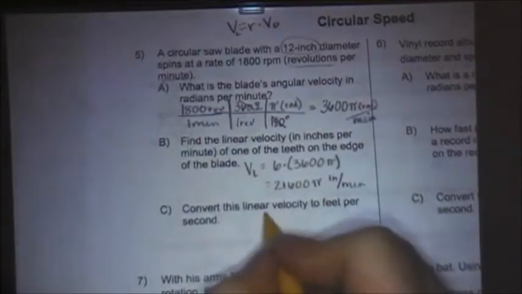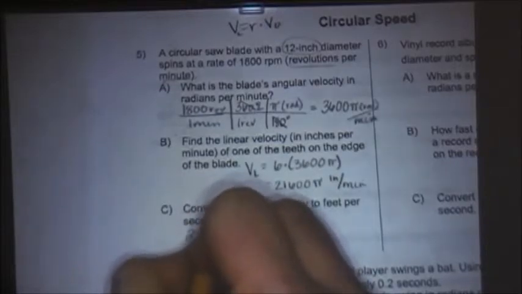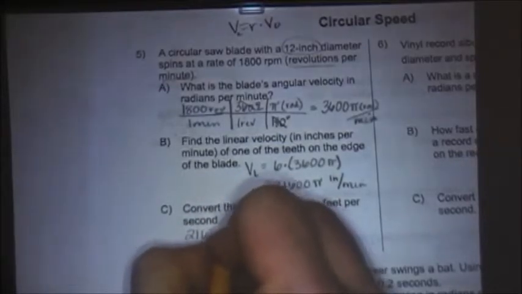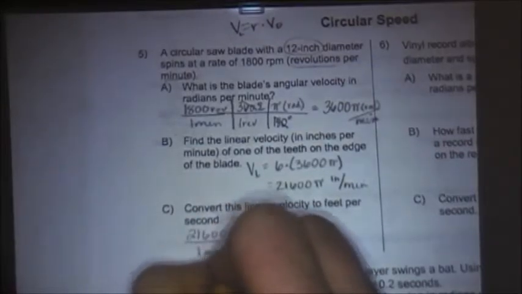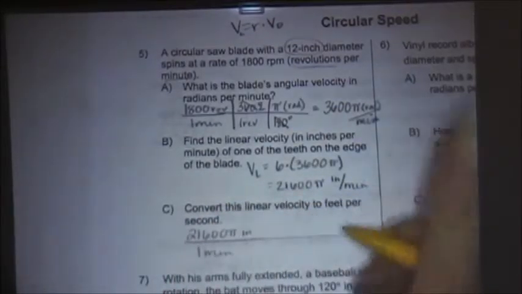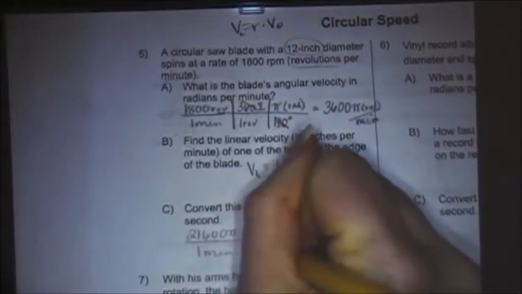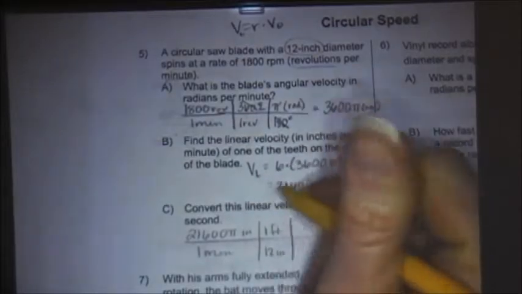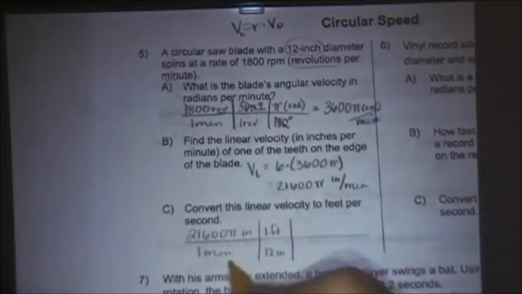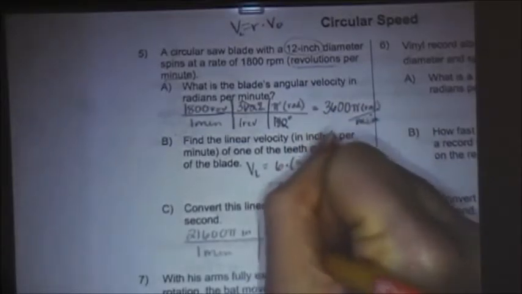Now it says to convert this linear velocity to feet per second. So I have 21,600 pi inches over 1 minute. So we're just converting now. I need to go to feet. So 12 inches is 1 foot. That cancels my inches out. And then I need to go from minutes to seconds. So I know 1 minute is 60 seconds.